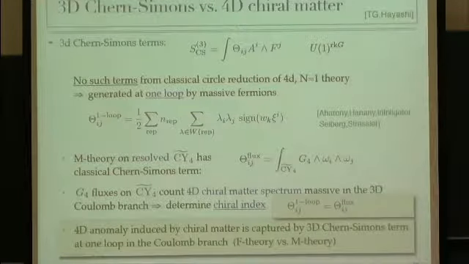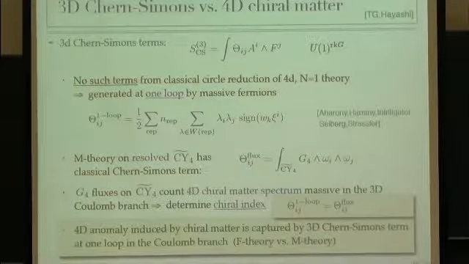So how does that work? If I take a 4-dimensional N=1 theory and put this on a circle, there will be no such Chern-Simons terms, where these are the indices of the Cartan U1s. They are just absent, they are 0 classically. However, they will be generated at one loop, by massive fermions.